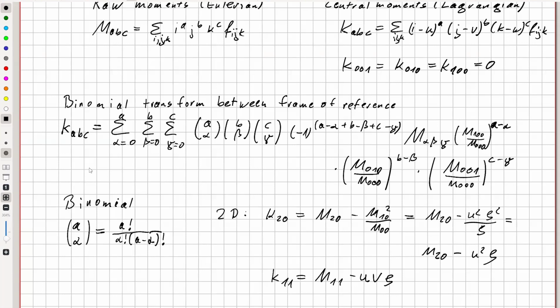Okay, if you look at this equation up here, one thing that you may notice is that K_ABC only depends on moments of lower order than itself, and by the way, only in a linear fashion. Linear in these moments other than the first moments.